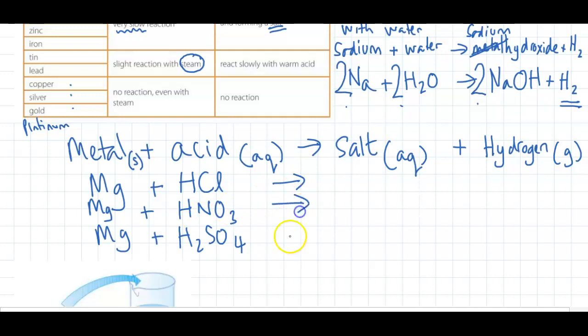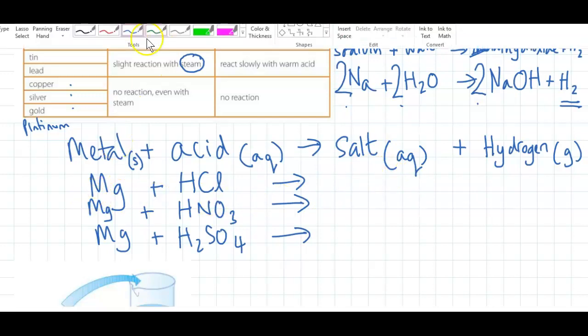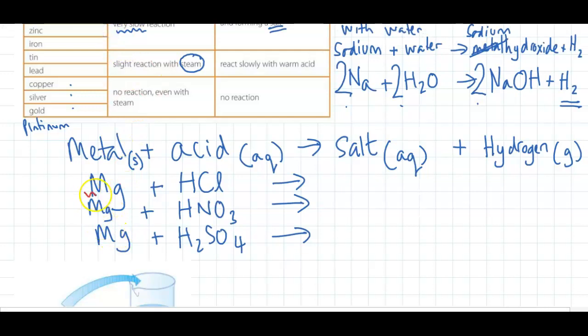Because the acid is different each time, the name of the salt will be different each time. And we take the name of the metal and the bit of the acid which isn't hydrogen. So the salt will be magnesium chloride.